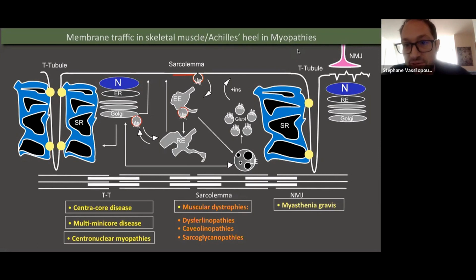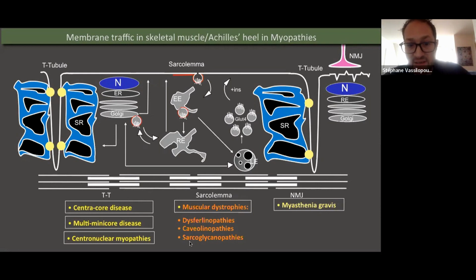There are several compartments which are of interest in the muscle cell. Today, I'm going to focus on this specific compartment, which is called the T-tubule. These T-tubules are invaginations of the plasma membrane. But what is more important is that mutations in proteins involved in the formation of these T-tubules or in their function have been associated with a number of congenital myopathies and muscular dystrophies, and this is just the beginning of the list, because T-tubule malfunction and T-tubule defects are involved in other muscular dystrophies which are not directly related to proteins that are components of the T-tubules.